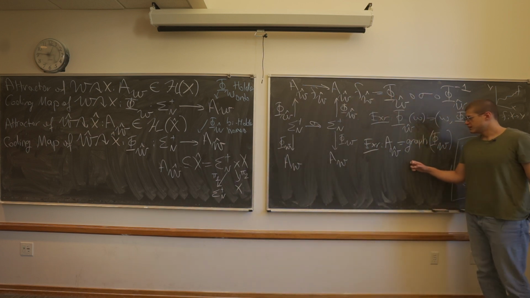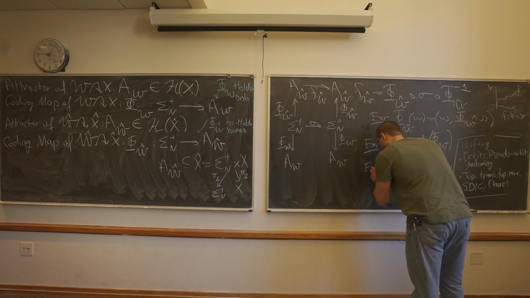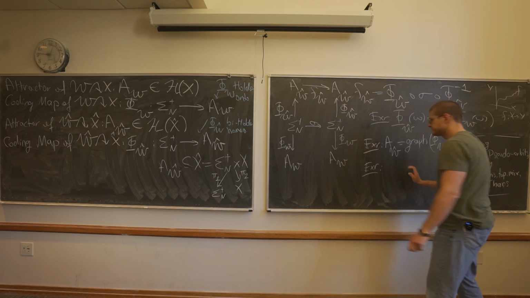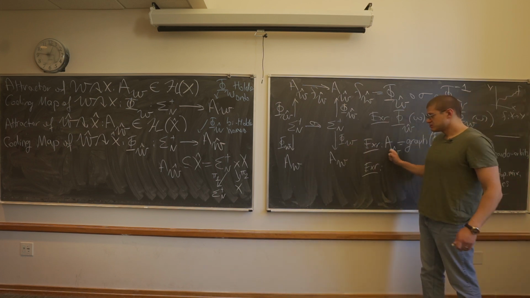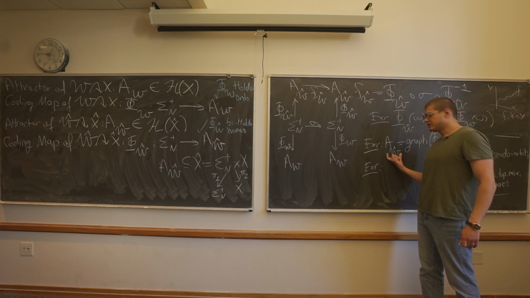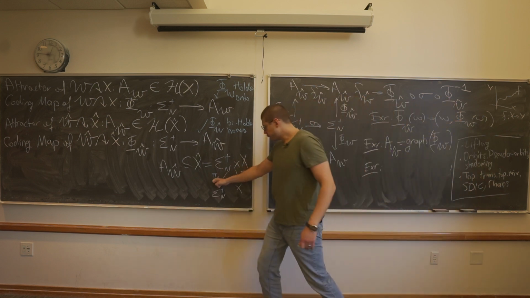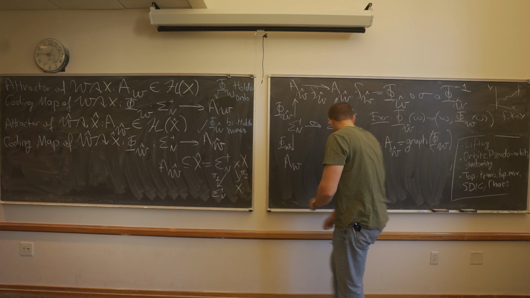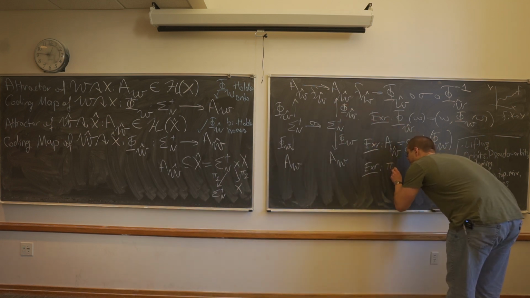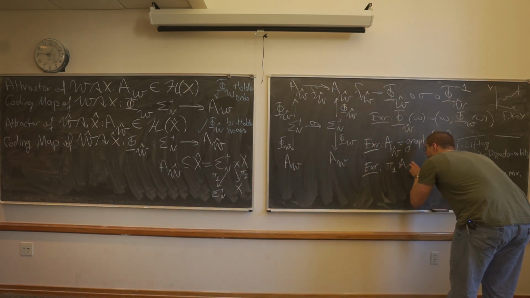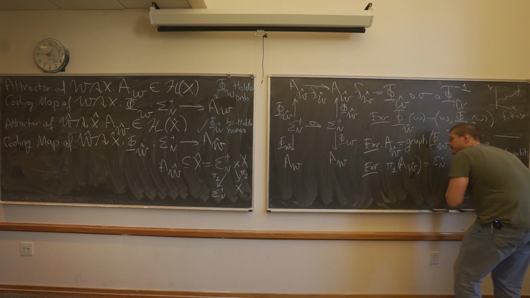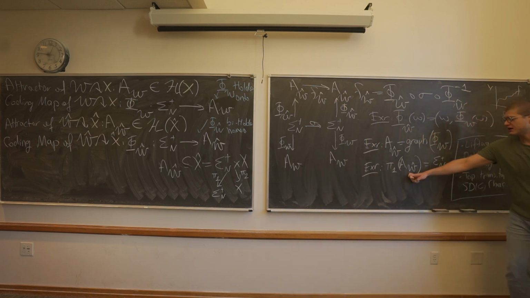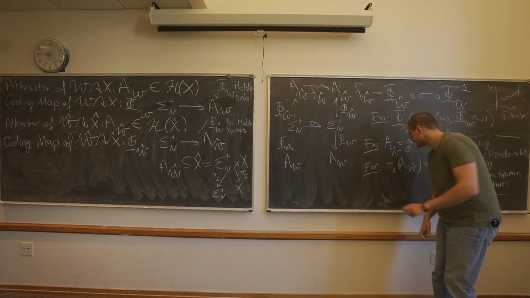Okay. The image of the attractor under the first projection is everything. The image of the attractor under the second projection is the attractor of the original guy.